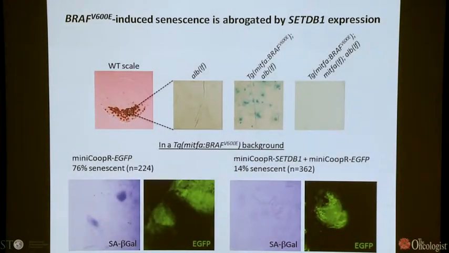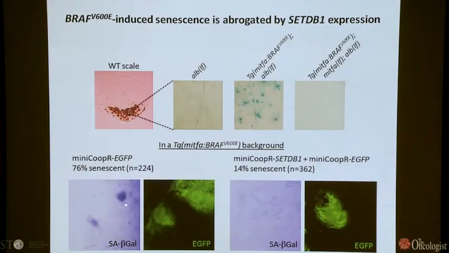So what does SETDB1 do? Well, one of the observations that Craig and Yariv had made is if you look at the effect of overexpressing BRAF alone, you often find foci of senescence stained by beta-gal. This is a scale from a fish, which is sort of like the equivalent of our skin, and you can see that BRAF alone often induces these senescent lesions throughout the scale.